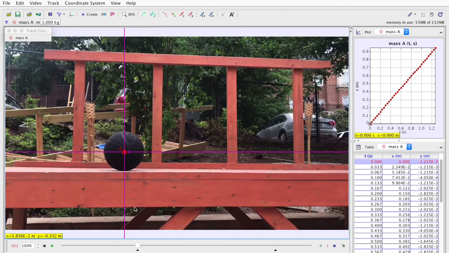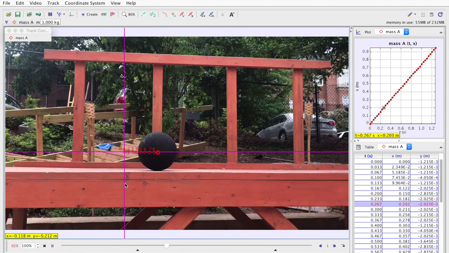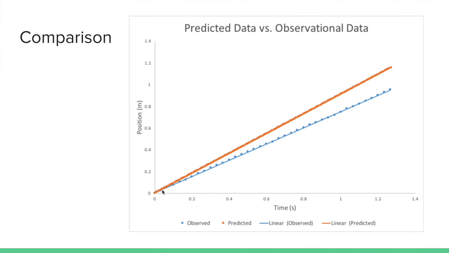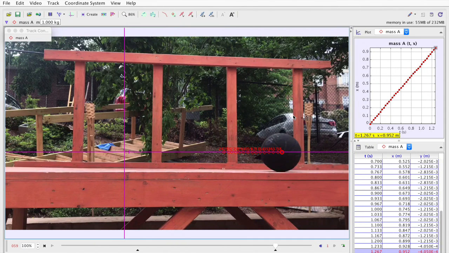If the axes were flipped in my tracker model, then I would have had to account for that and set my computational model to a negative x direction so that they could be compared.